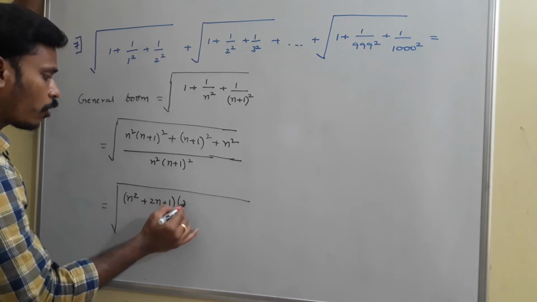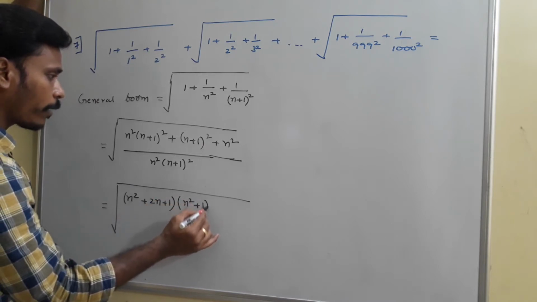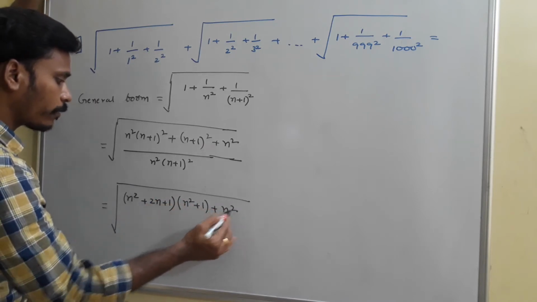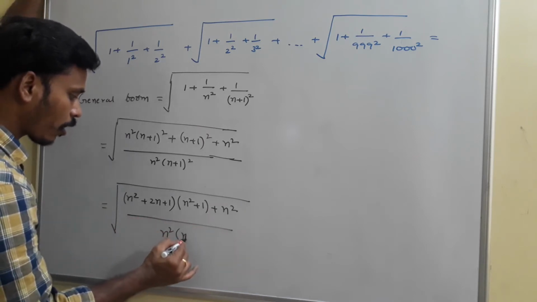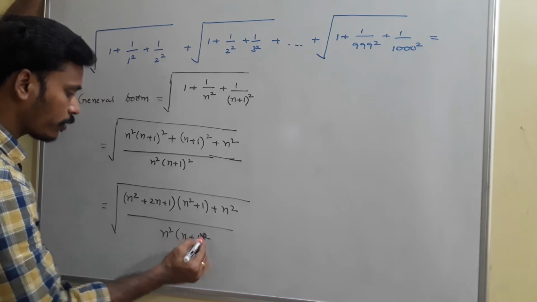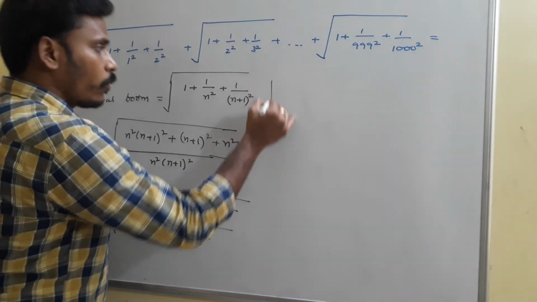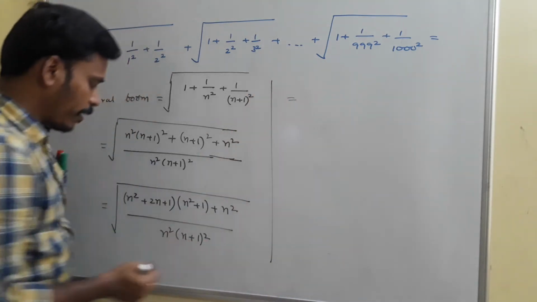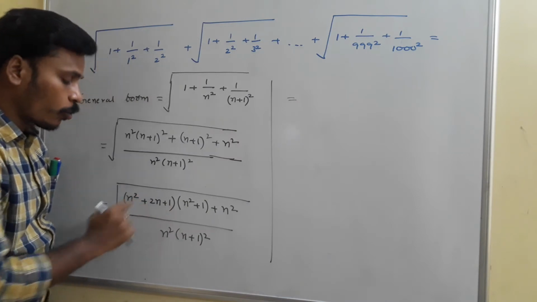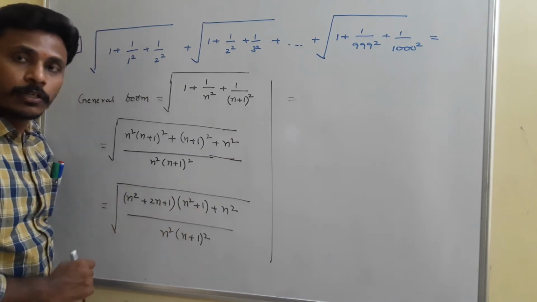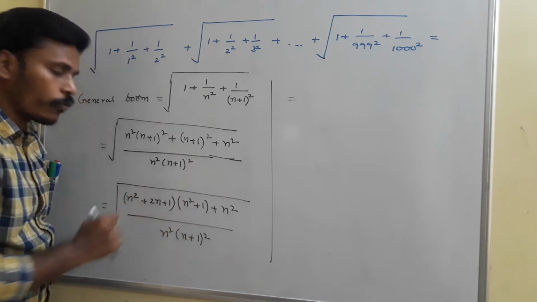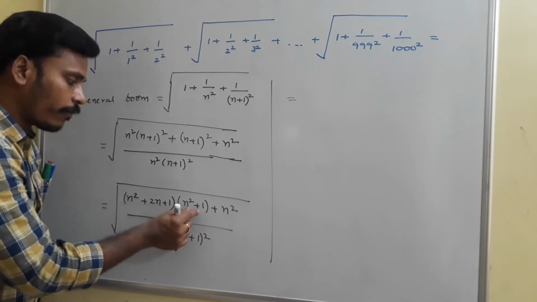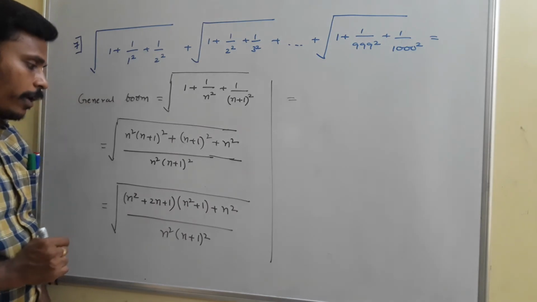And if you take it common, you are still left with n square plus 1 plus n square, divided by n square of n plus 1 whole square. And the next step, n square plus 2n plus 1 into n square plus 1. So what I do is multiply n square plus 1 with this n square plus 1, and 2n with this n square plus 1. If I multiply, what will happen?